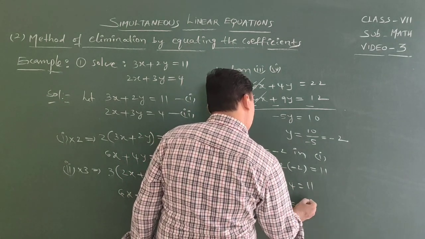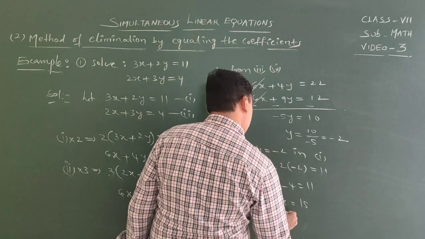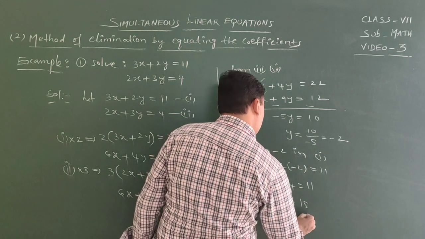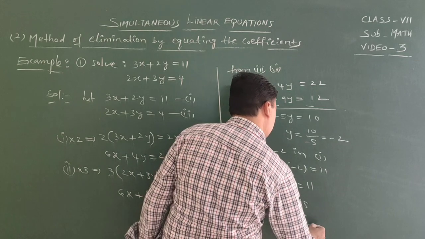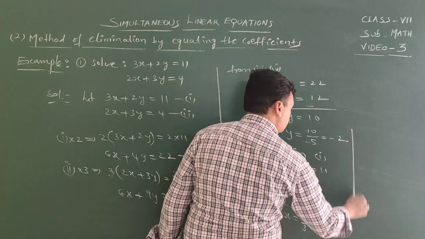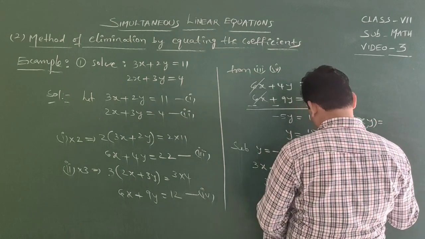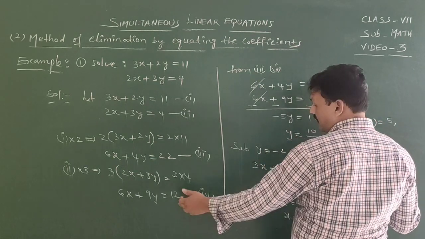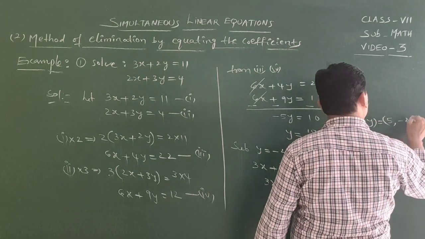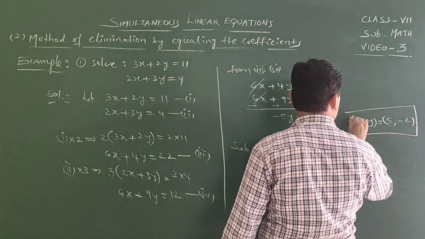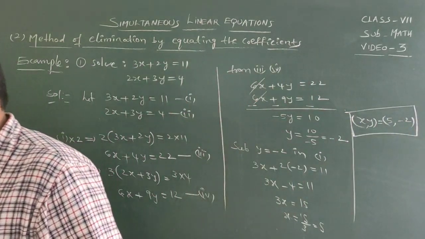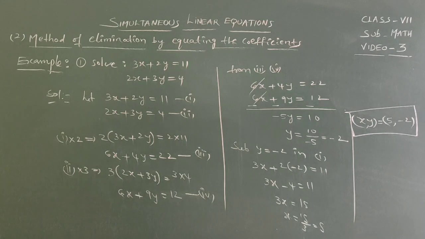Here 3x equal to 15. X equal to 15 by 3. That is 5. Now the solution is 5 comma minus 2. The solution is 5 comma minus 2.